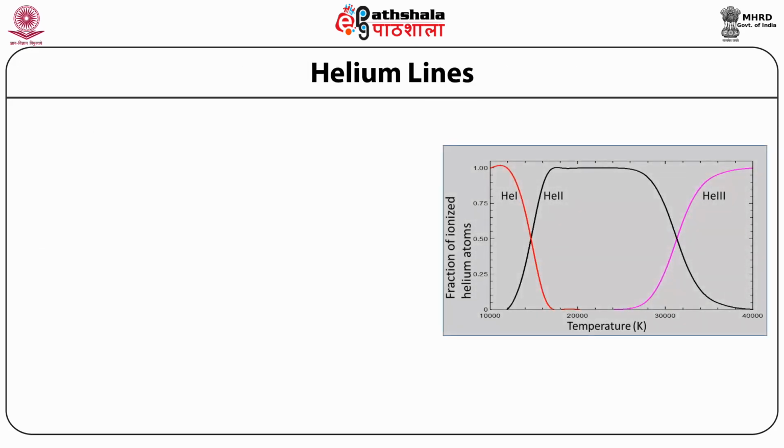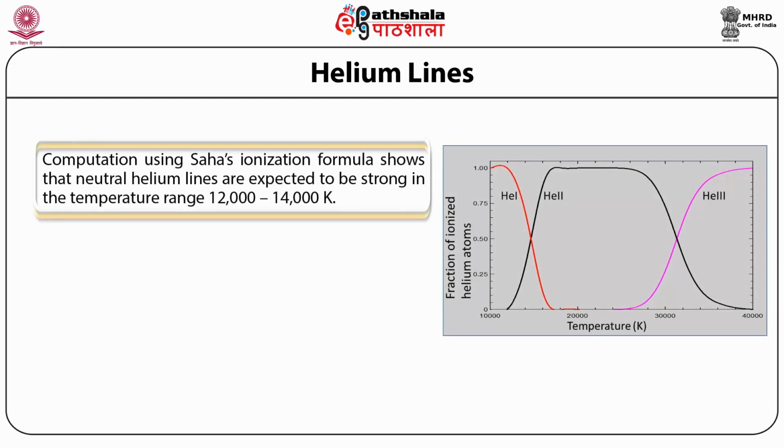The topic is helium lines. Computation using Saha's ionization formula shows that neutral helium lines are expected to be strong in the temperature range 12,000 to 14,000 Kelvin.